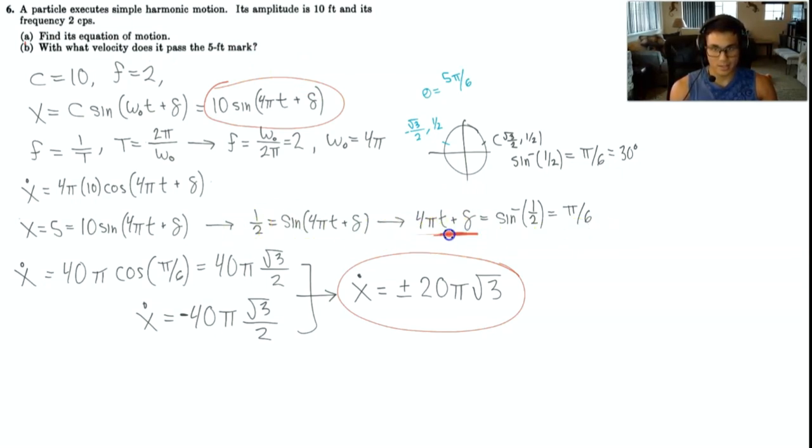Since this thing is common in this and this, then this pi over 6 can just go right in here and result for it. So x dot is equal to this and this. Because remember, you have this angle, which is 5 pi over 6, and pi over 6, and they both produce 1/2 if you take the sine of that angle. Both of these angles, they both produce 1/2. So x dot is equal to plus or minus 20 pi through root 3.